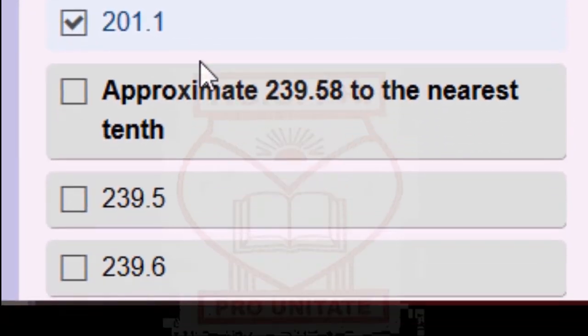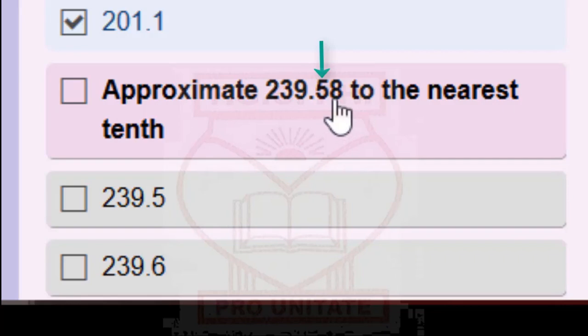And the next question is approximate 239.58 to the nearest tenth. The 10th digit is 5, so we're going to round up 8 to make this 5 become 6. So we now have 239.6, and this is it.